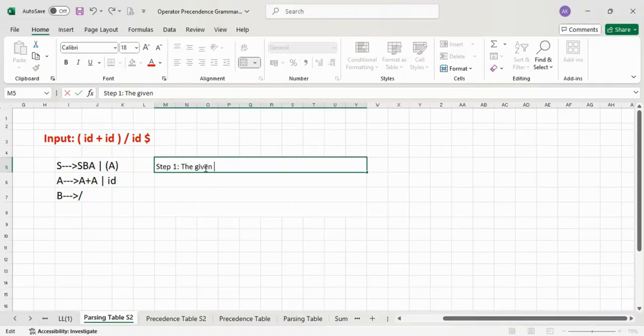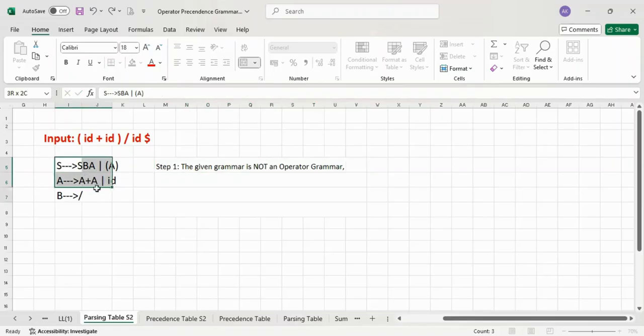So the first step is you mention that the given grammar is not an operator grammar. If the grammar is not operator grammar, then we need to modify the grammar if possible.